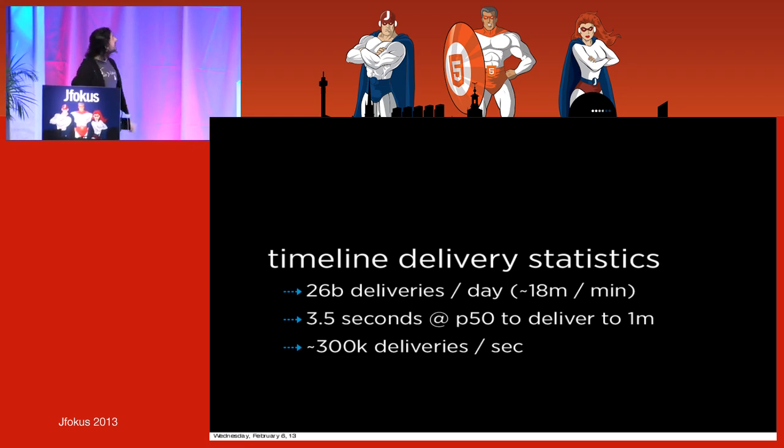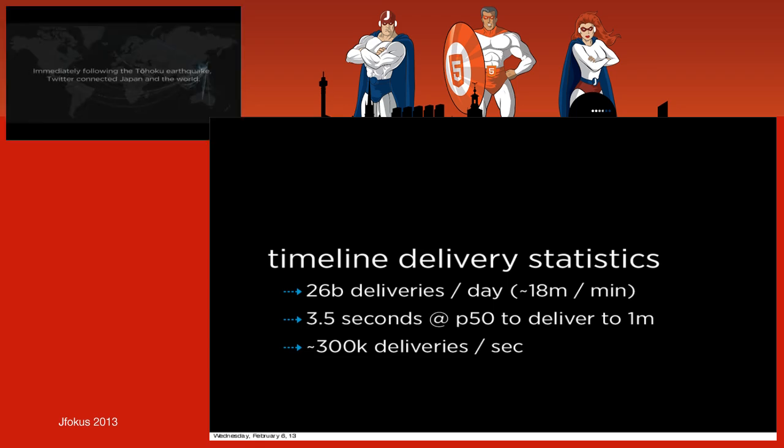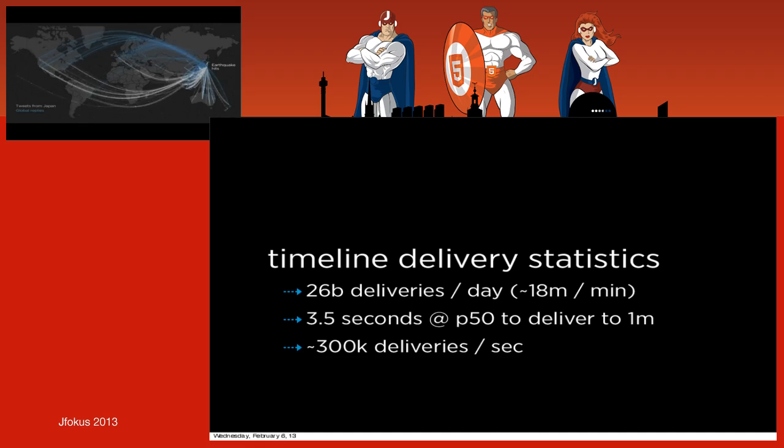So the real motivating factor for why we want to do this, I don't know how you see it. This is immediately after the Japan earthquake, you see the flow of the tweets. As the earthquake hit, as you had the global replies. And this is why you need real-time delivery.